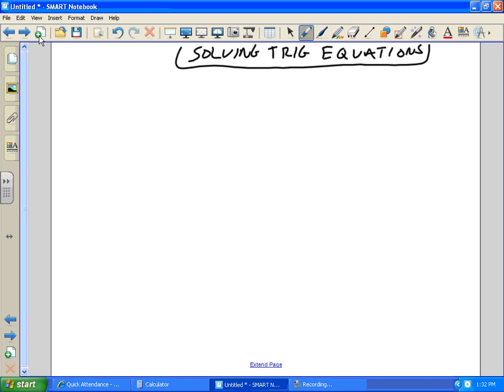I don't know. Anyway, okay, solving trig equations. This is not hard. It's the same game. It starts off real simple. They want to know, is a certain value a solution to a certain equation?